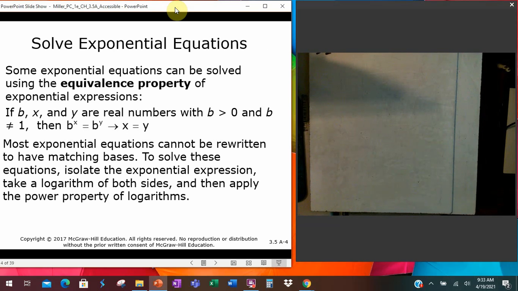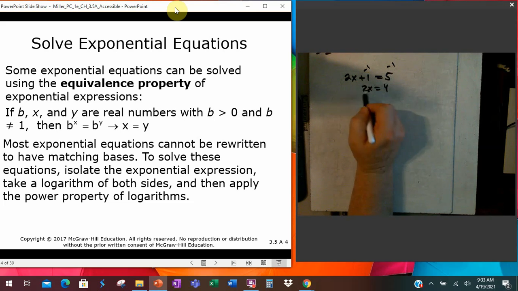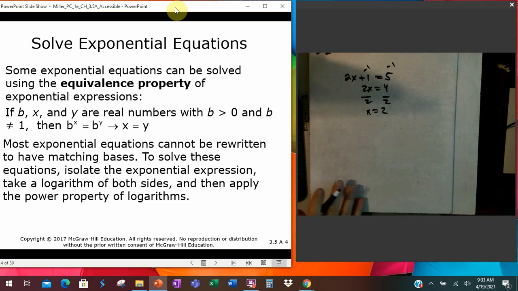So what does an exponential equation look like? In this case, the variable that we're going to be trying to solve for is going to be in the exponent. We know how to solve things like 2x plus 1 is equal to 5: get rid of the constant, move it to the other side, get rid of the multiplication, and that solves it.